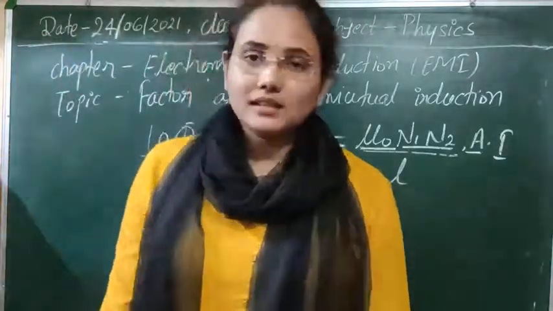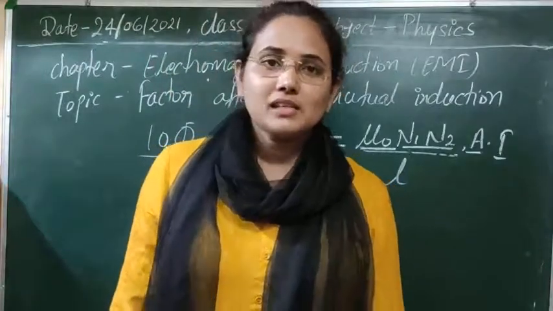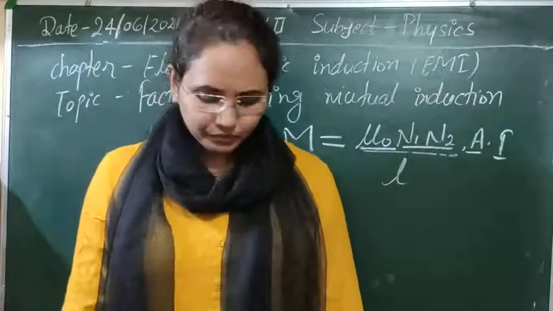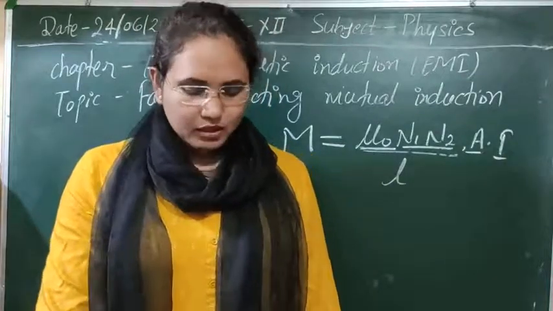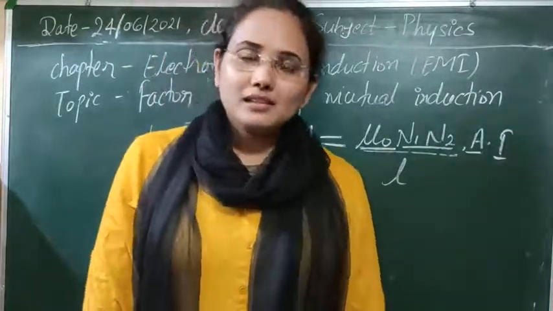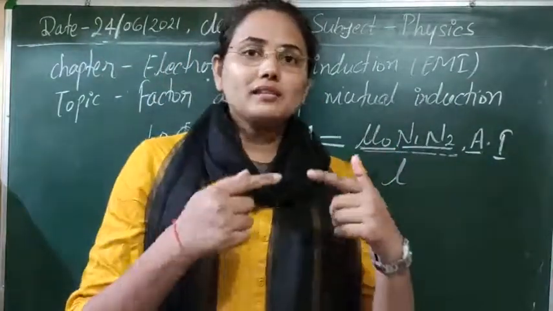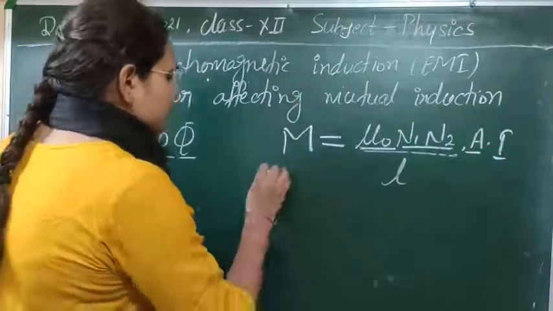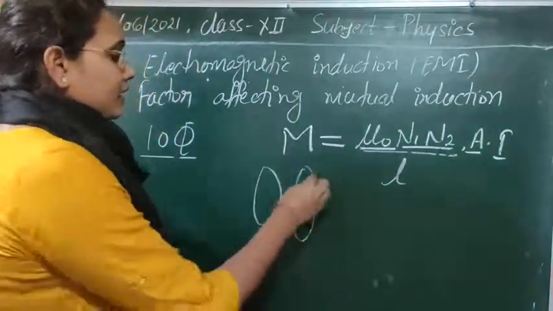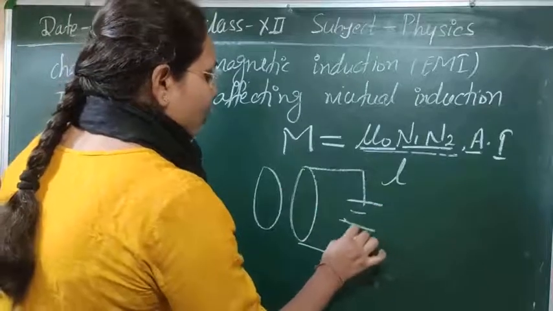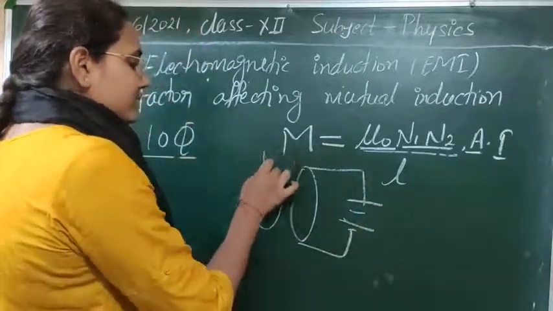These are the factors, and besides these, one more thing it depends on is the mutual separation. Like in the last video, we took two coils, this first coil and this second coil. We connected the first coil to a battery and observed the induction in the secondary coil.